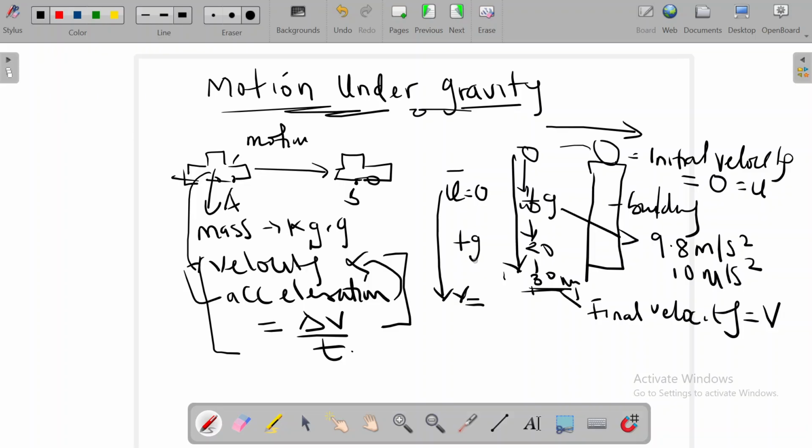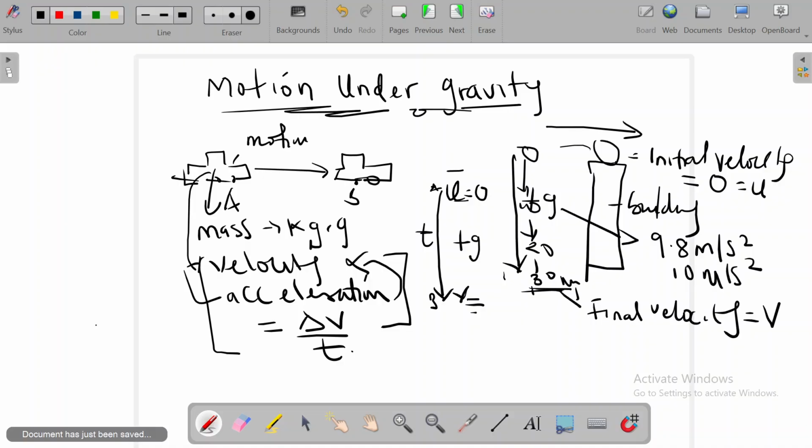Now, it is also important to take note that for an object to move, that object requires time. In fact, if I have the capacity to stop time, I will stop movement. So this object moving from point A to point B is moving with time. So it moves from the height to the floor.